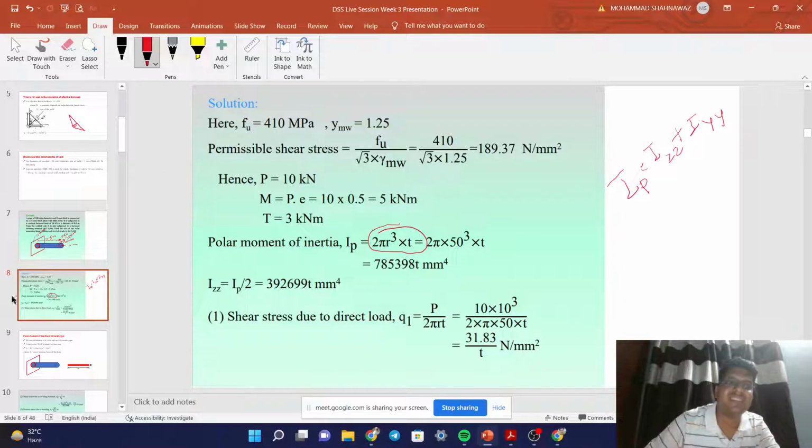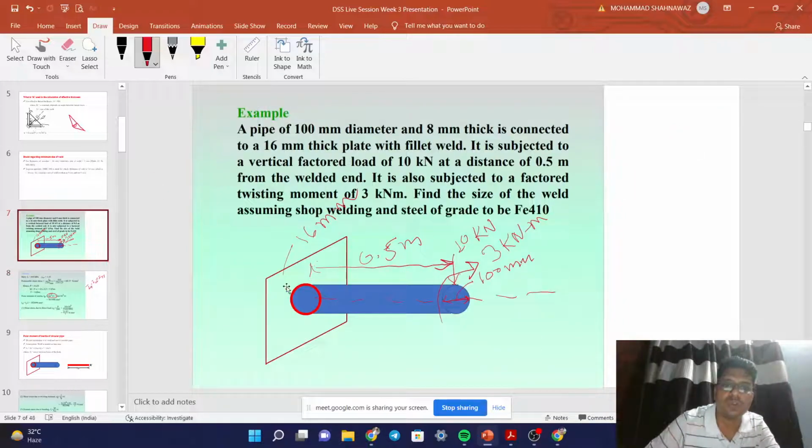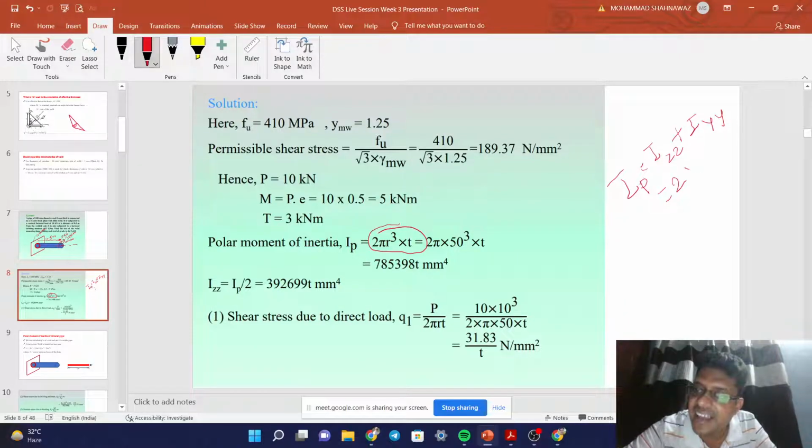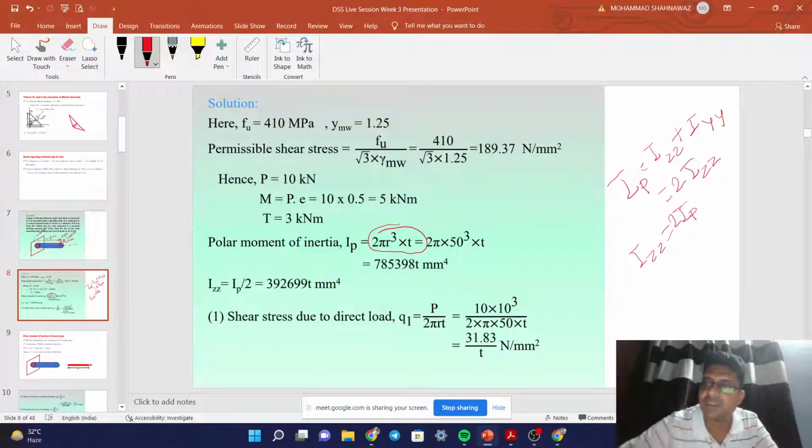And here you can see that this weld has equal dimensions along this ZZ axis and this YY axis. So both are equal. So in this case, we can write IP as 2 times IZZ. So IZZ is equal to half of IP. Oh, sorry, I have committed a mistake.